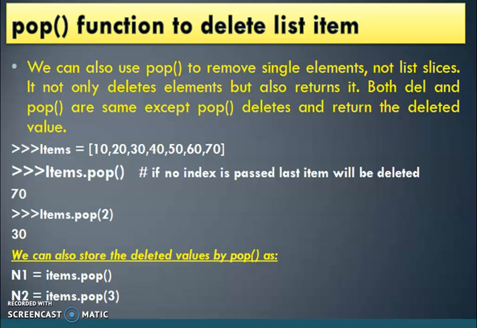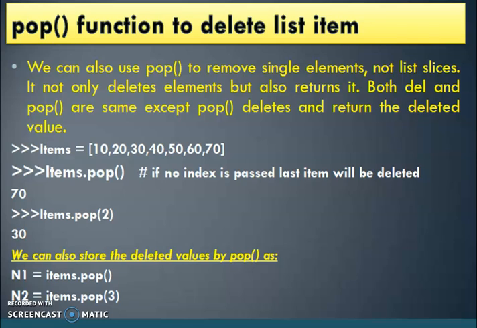Remember, the pop method you can use to remove only a single element, not list slices. It not only deletes elements but also returns them. That is, when you use the pop function, the element you deleted will be returned. Both del and pop are the same except pop deletes and returns the deleted value.